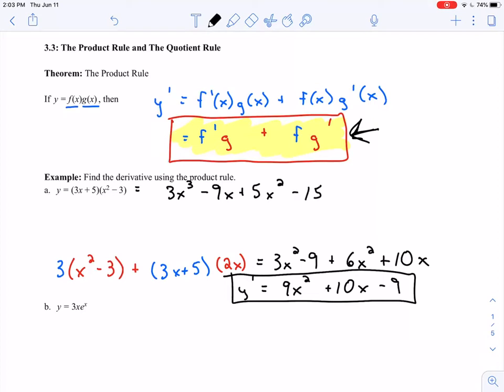And if I took the derivative of that, y prime, that would be 9x squared minus 9 plus 10x. So I end up with exactly the same derivative.